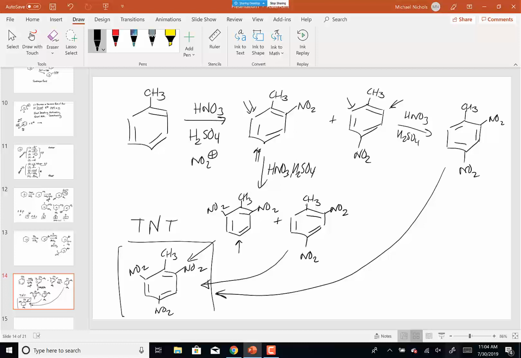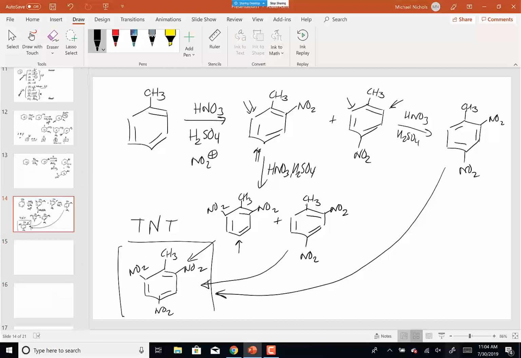So that's the most famous electrophilic aromatic substitution. And people tried different ones to make different explosives throughout the years, and this is probably the best. In some places in the U.S., there's a lot of TNT in the soil and in the ground, and hopefully it doesn't get into the groundwater. But it's in the soil because there were armaments, during probably World War II.